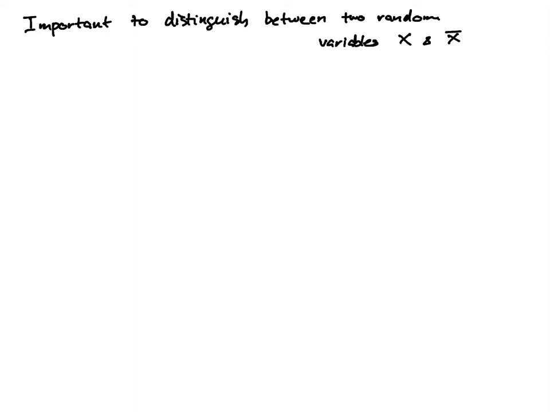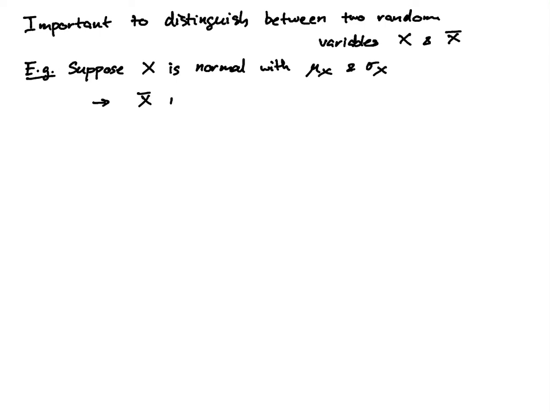For example, suppose X is normal with mean mu X and standard deviation sigma X. Then we know that X bar is also normal with mean mu X bar equals mu of X and sigma X bar equals sigma X divided by root n.